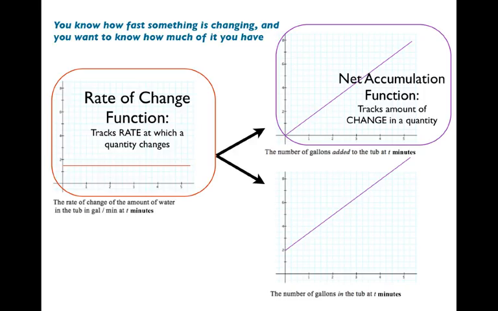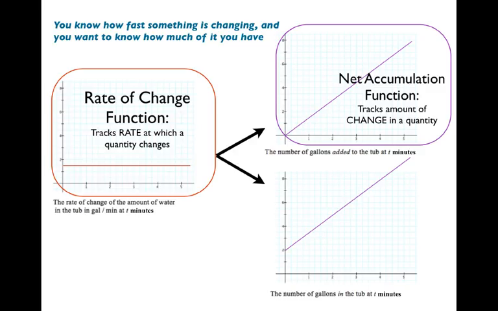That's what the y value is in a net accumulation function: the total amount of change since we started, whatever our initial was. In this case, 0. So that's one version of knowing how much you have at every moment.